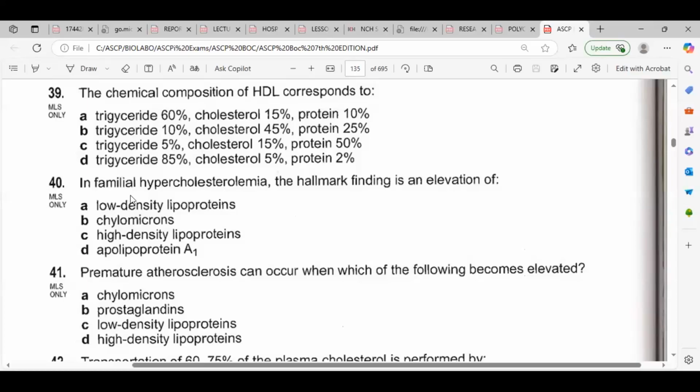So familial hypercholesterolemia is a disorder where low density lipoprotein is high, not exactly total cholesterol. Don't be confused by the word hypercholesterolemia and start thinking of cholesterol. It is always low density lipoproteins. Familial hypercholesterolemia. Okay?